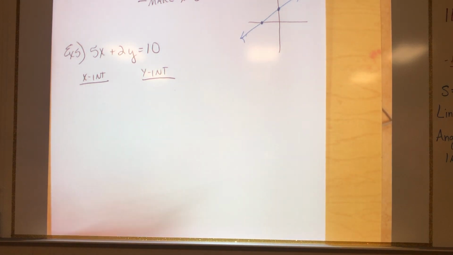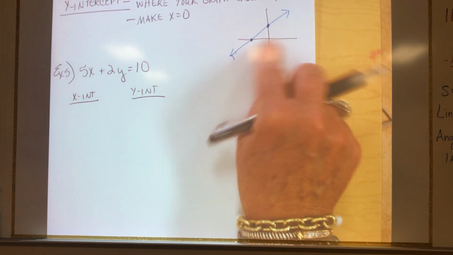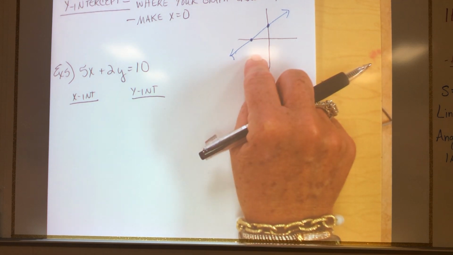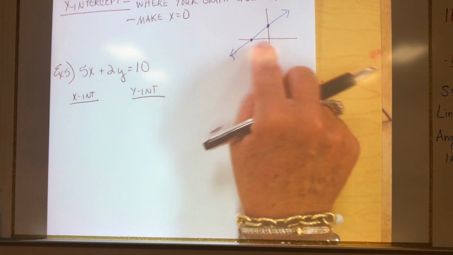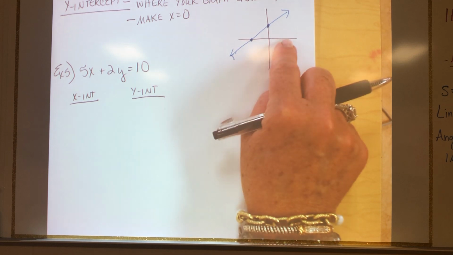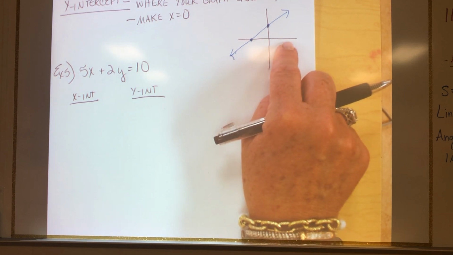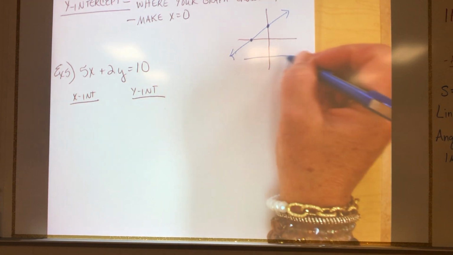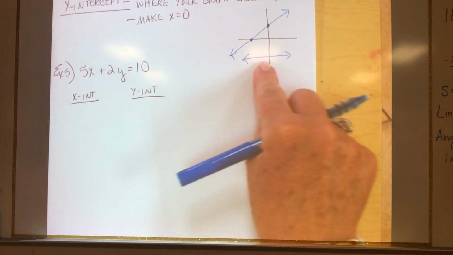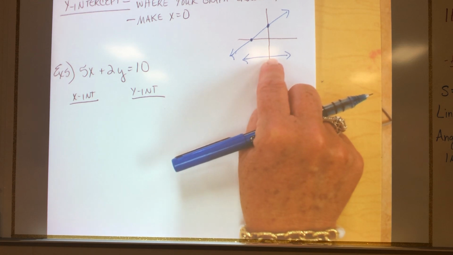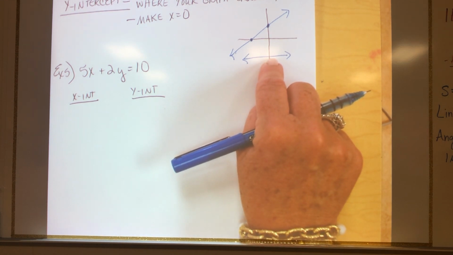Now listen to me. If this line was such that it never crossed the x-axis, what kind of line would never cross the x-axis? Horizontal. Yeah, if you had a horizontal line and I said, what's the y-intercept? Well, you could find that, right? What if I said, what's the x-intercept?